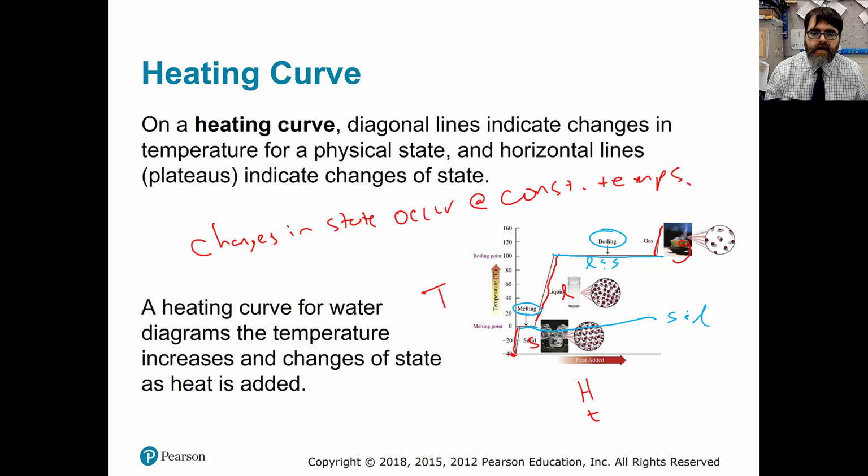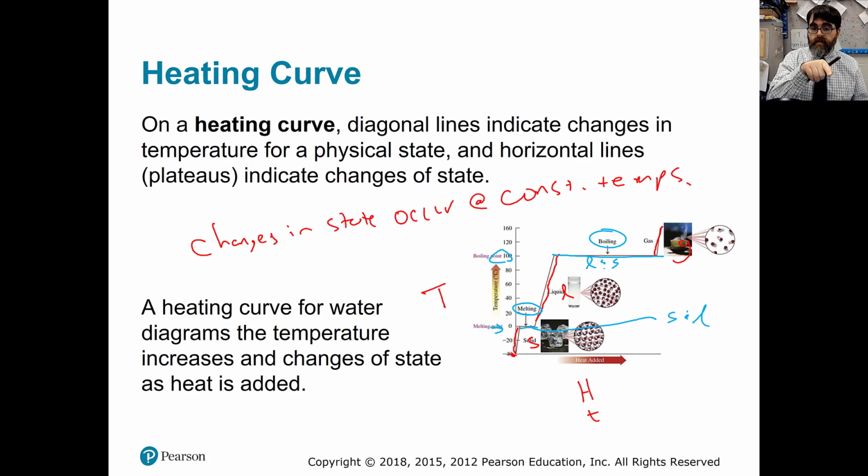For water, that is, liquid water can't be colder than 0, but solid water can't be higher than 0. And same thing up here with the boiling point at 100. And so as we're trying to convert the substance from one temperature to another, and we keep adding in heat energy, the temperature will go up, and then that temperature will plateau.